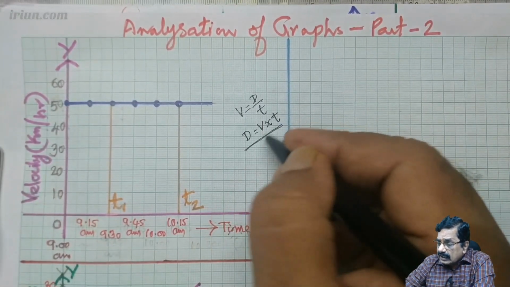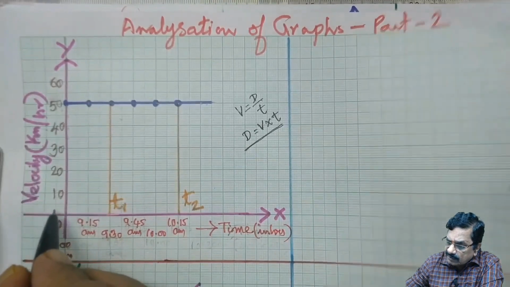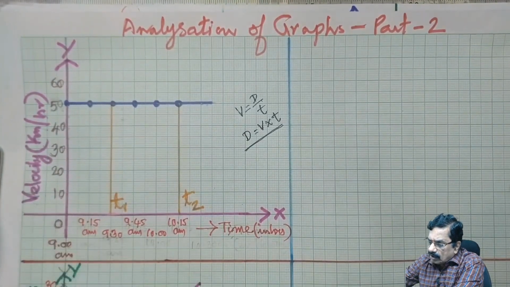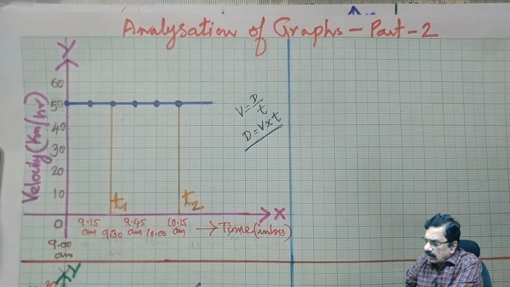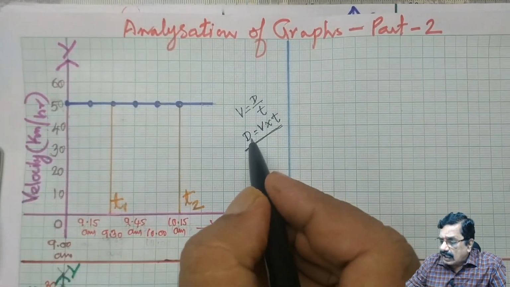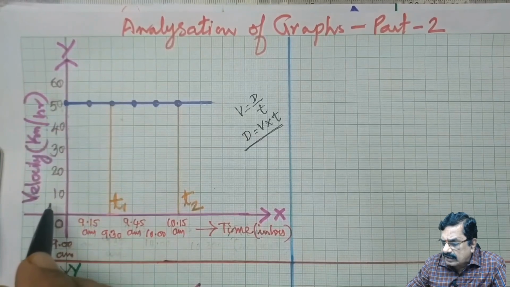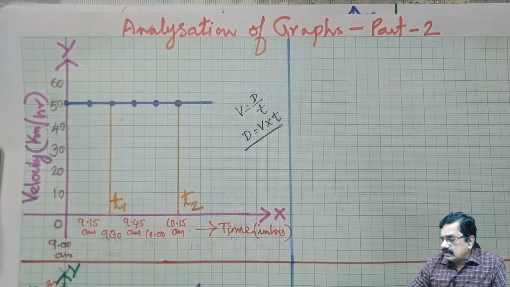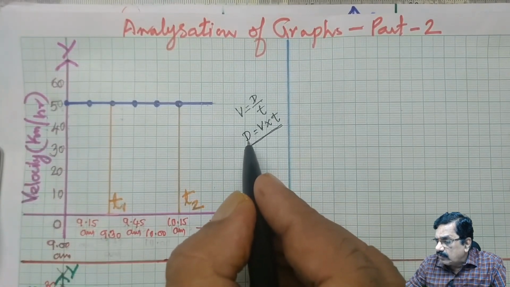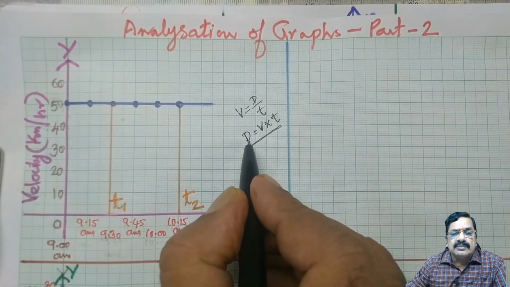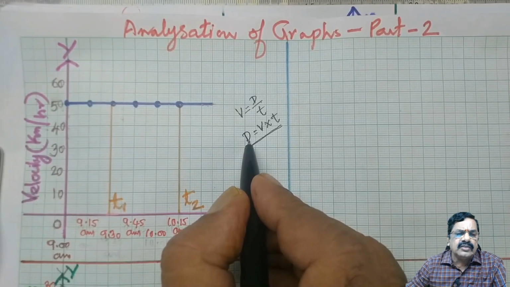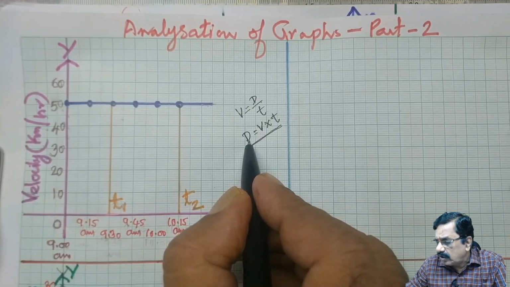In this graph, if you multiply this velocity with this time, you will get the distance. I mean to say velocity, taken on the y-axis, multiplied by the time, taken on the x-axis, you will get the displacement, rather the magnitude of the displacement, which is nothing but the distance, we call it.